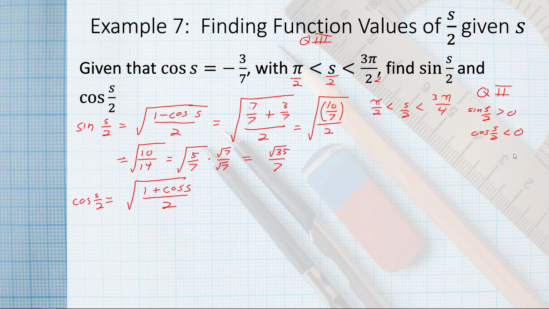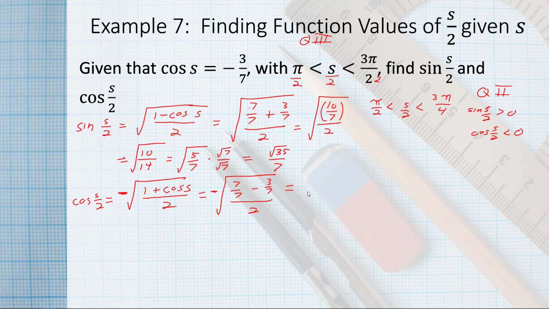But since we're in quadrant 2 and cosine of s over 2 is going to be negative, we need to take the negative square root. So that's what we're going to do here. Okay, working through this, we can write 1 as 7 over 7, and then the cosine of s is negative 3/7, so it's going to be minus 3/7. All that over 2. We're taking the negative square root.